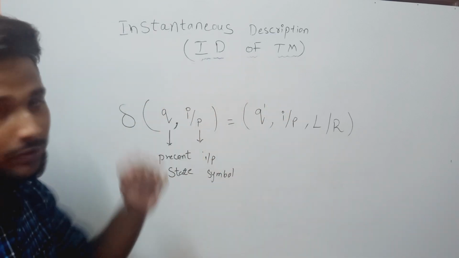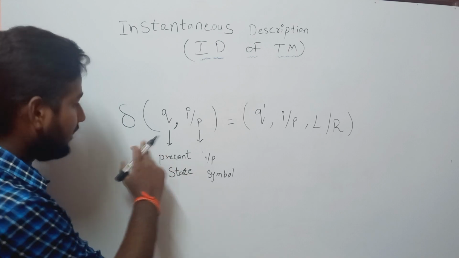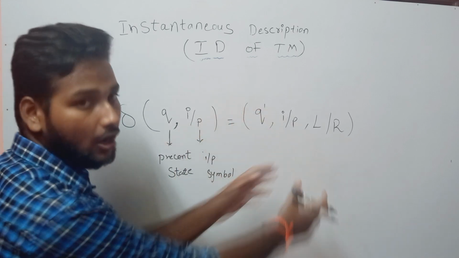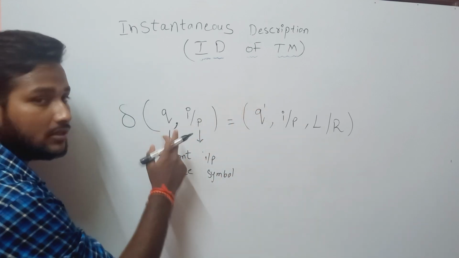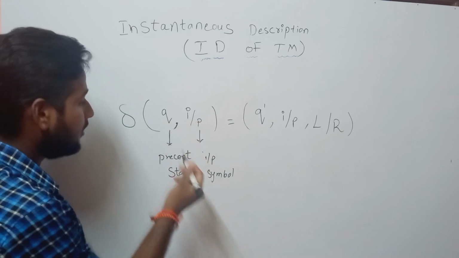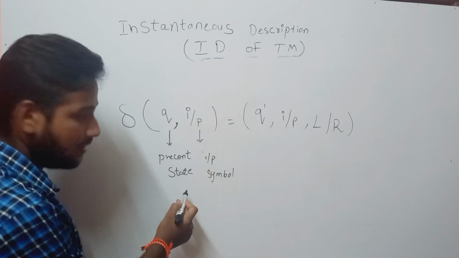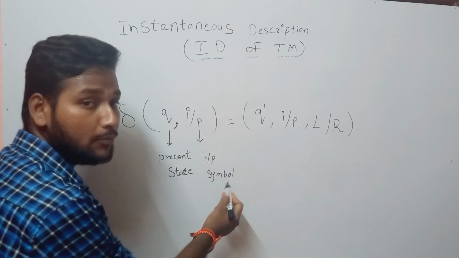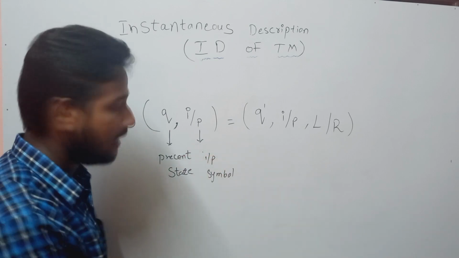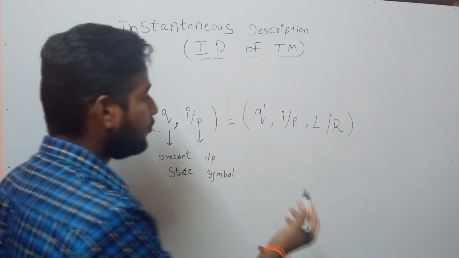The idea of the Turing machine can be expressed as the transition function and the output. The transition function contains two parts: the first one is the present state, and the second one is the input symbol we provide to the transition function. What output do we get?